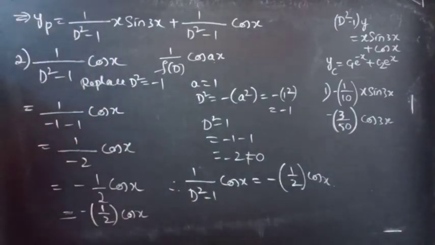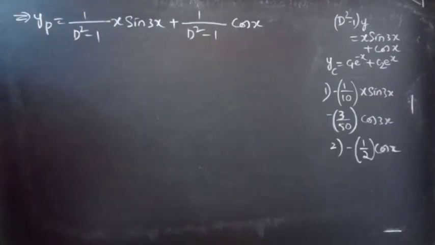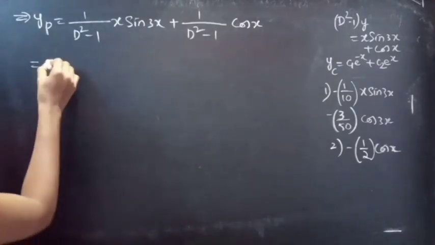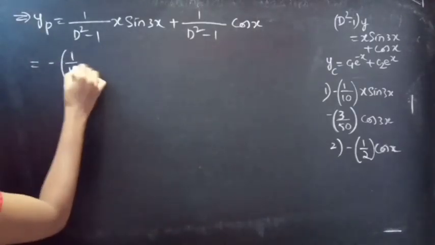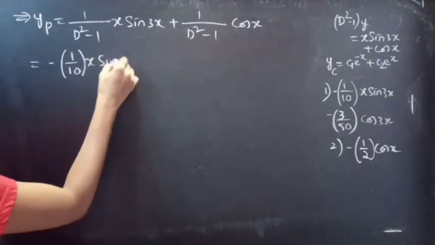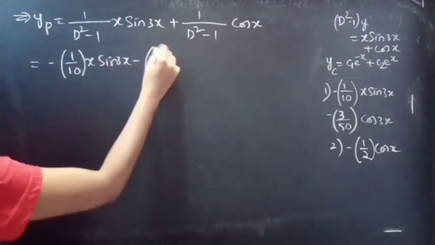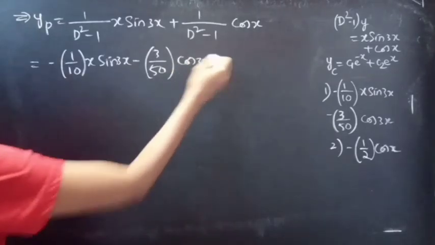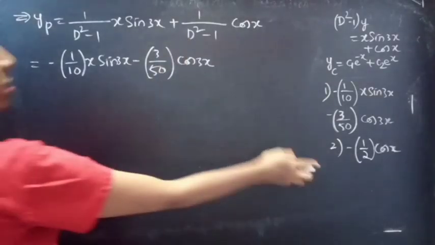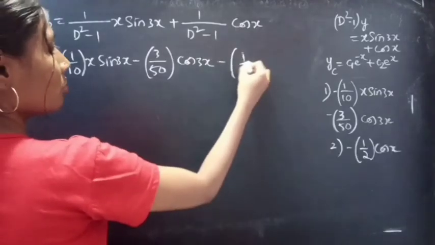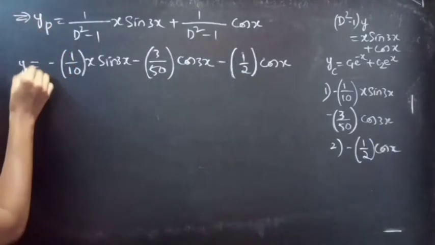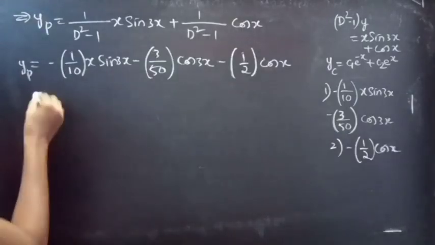Now coming to yp. Yp becomes: the result obtained from the first term is minus of 1 by 10 x sine 3x minus of 3 by 50 cos 3x, and the result obtained from the second term is minus of 1 by 2 cos x. So we got our yp, right? Yp and yc. Now let's write the general solution.